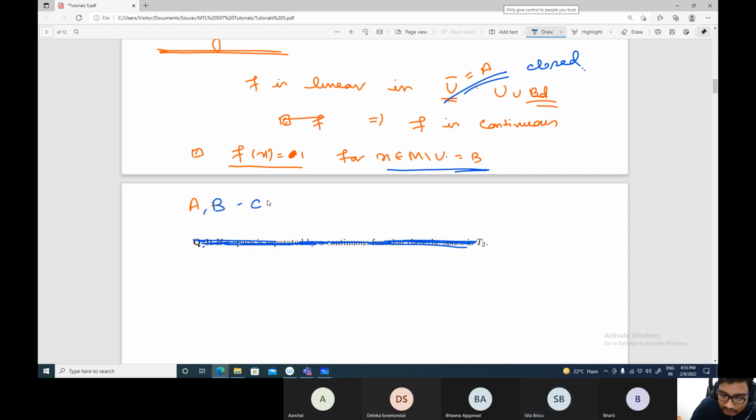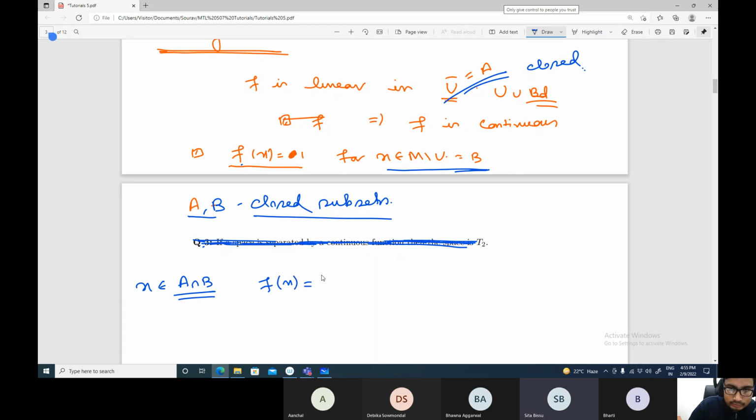A, B are closed sets, and F is continuous on both A and B. Now you see A intersection B. For x belonging to A intersection B, what is the value of F? F(x) is equal to 1.